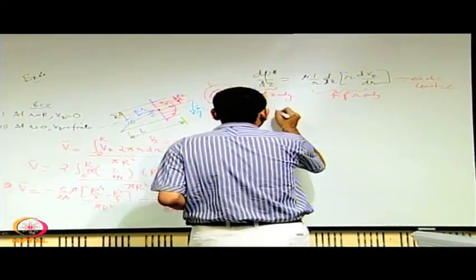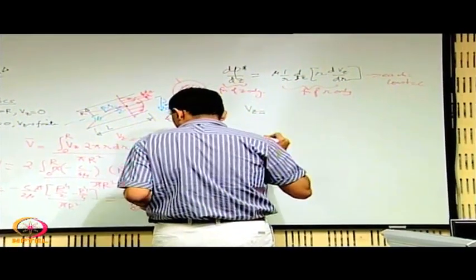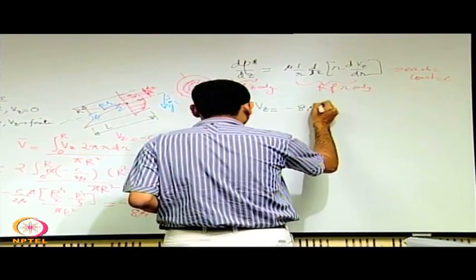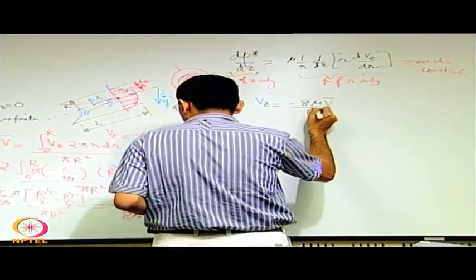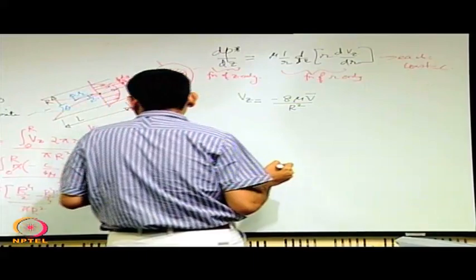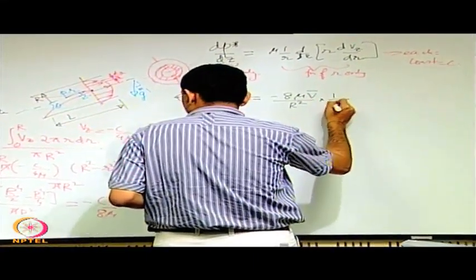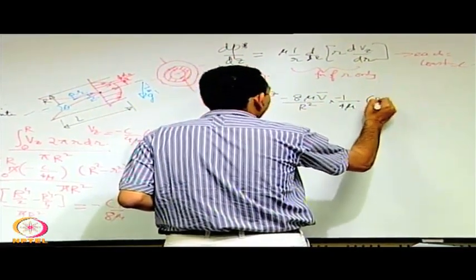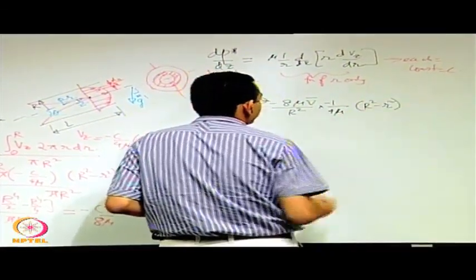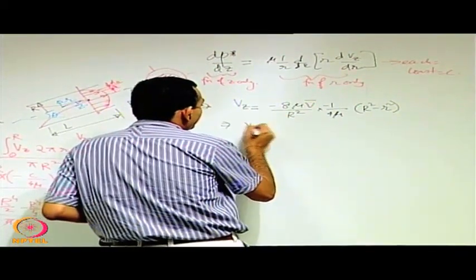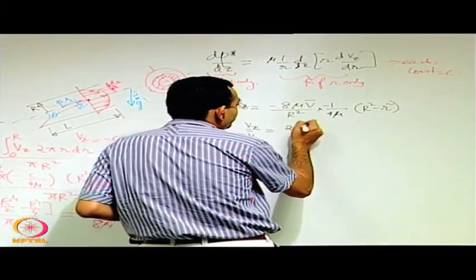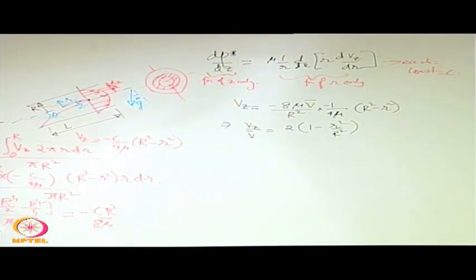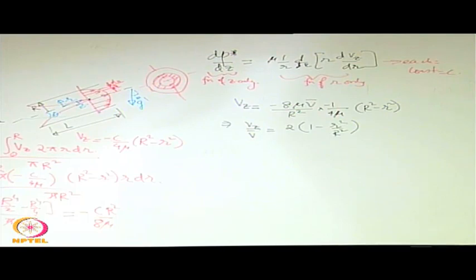So Vz becomes, in place of C you write minus 8 mu V average by R square, that into 1 by 4 mu, again there is a minus sign, into R square minus small r square. That means Vz by V average is 2 into 1 minus small r square by capital R square. This is the velocity profile in terms of the average velocity.